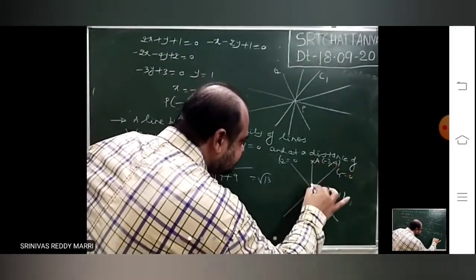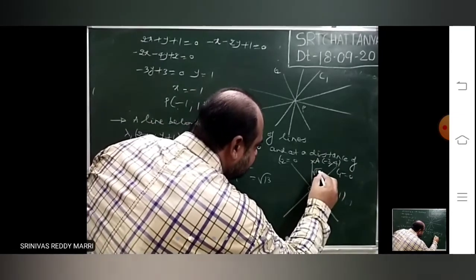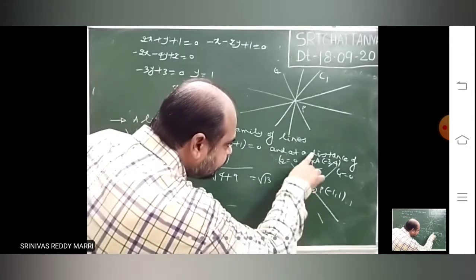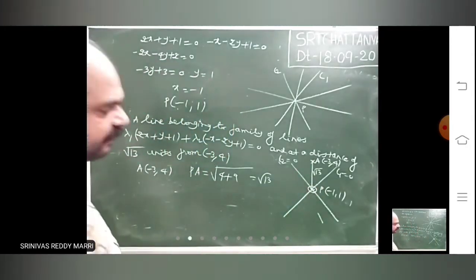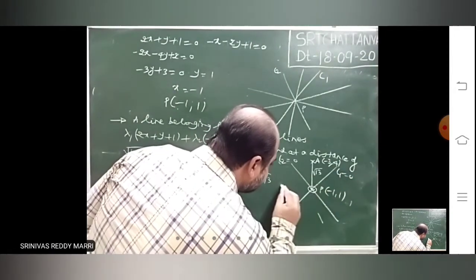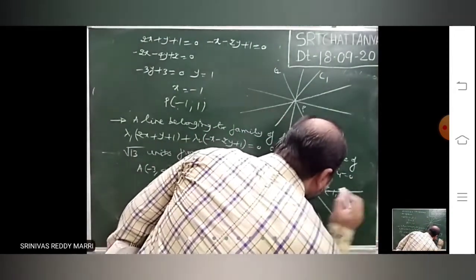Right? This distance is what? Root 13 only. You want a line passing through P and at a distance of root 13 units from A. That means the perpendicular distance from A is root 13. That line you have to calculate in this family.